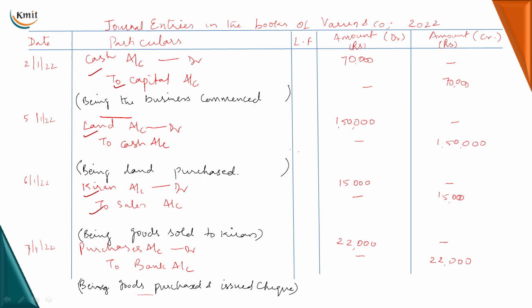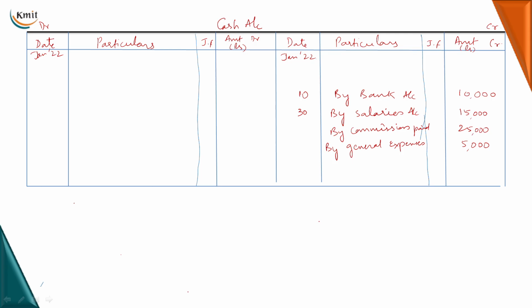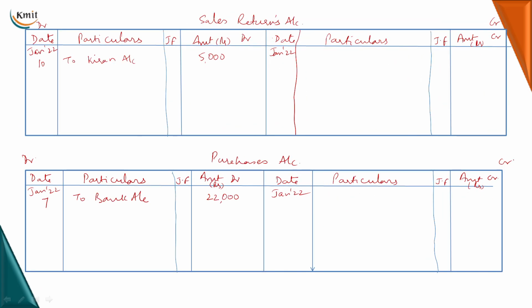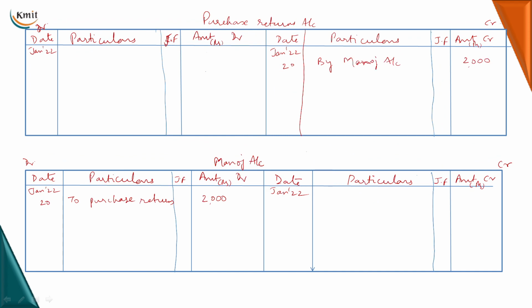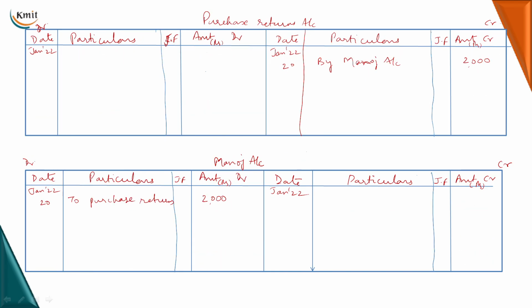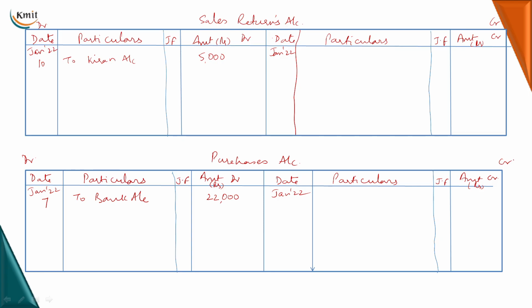So for all the respective items, we'll open up the accounts in the above shown format of a ledger account. This is how it would be: cash account, land account, capital account, Kiran account, sales returns, purchases, purchase returns, Manoj, bank account, salaries, commission, and general expenses. These are all the items which we came across when we made journal entries.